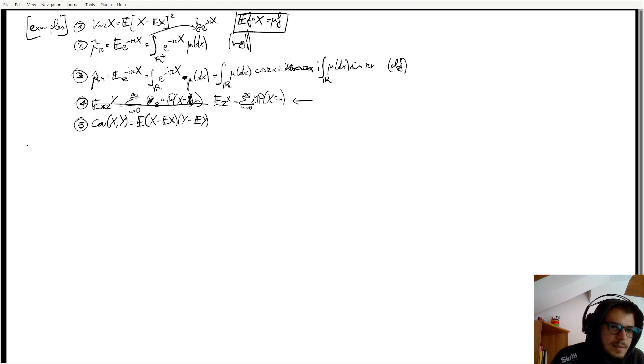Let's discuss the optimality of expectation as an estimate for the values of the random variable.